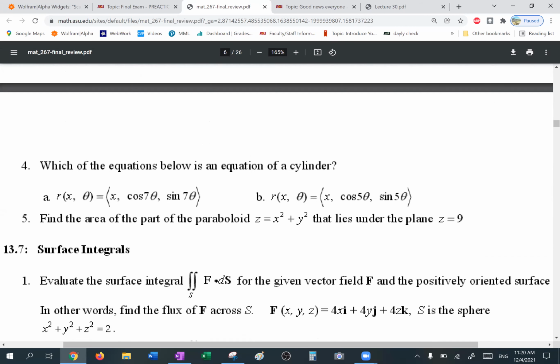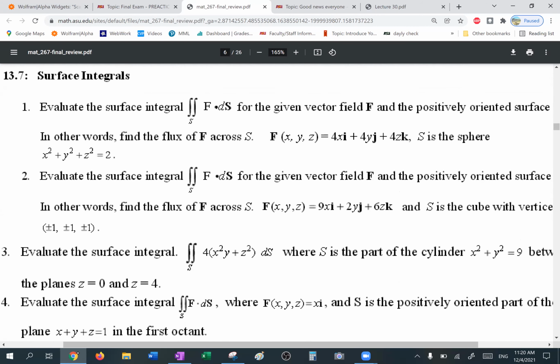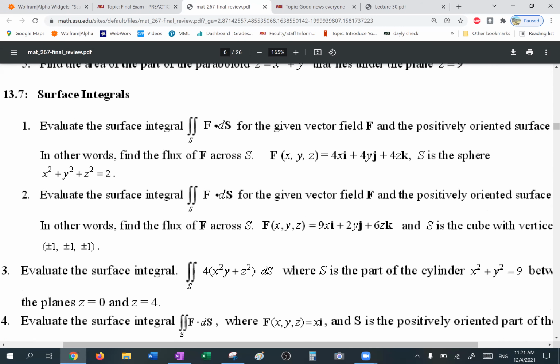Cosine and sine. That's interesting, Sagar. I don't think your solution match the numbers. 13.7, number 1. In your solutions, it does not look like that. It looks like a very different problem to me. Let me see. Am I not understanding something?